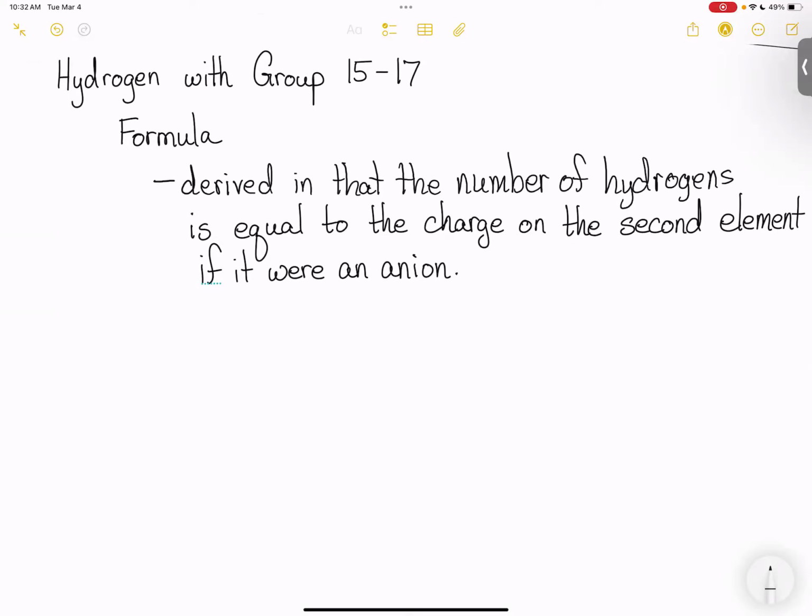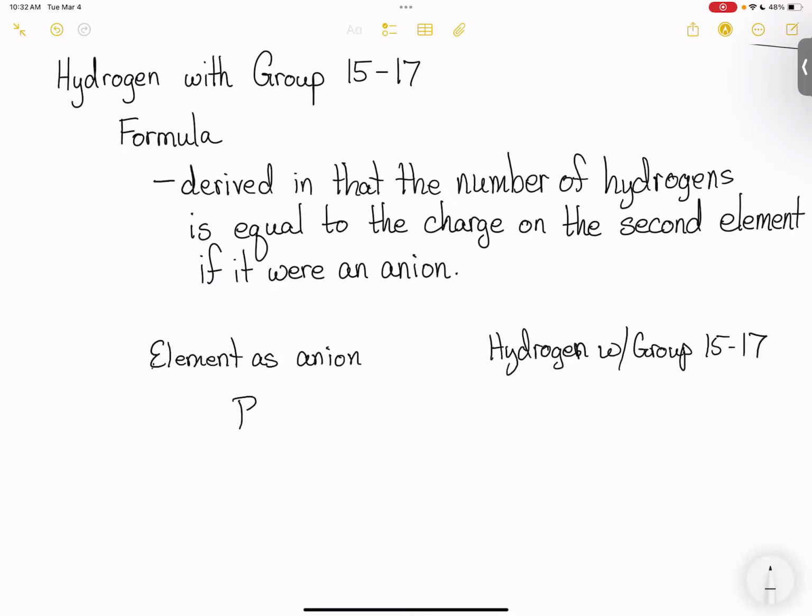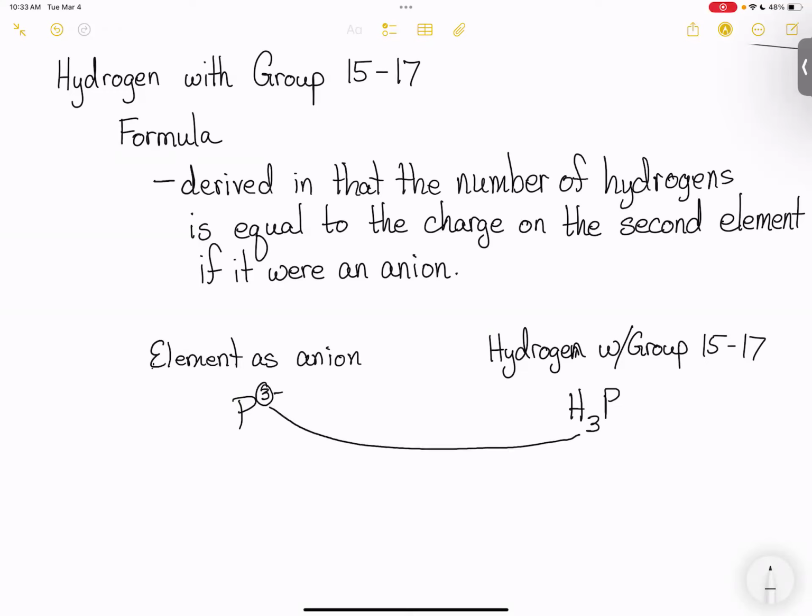So if I say phosphorus, phosphorus has a 3 minus, then the formula is H3P.